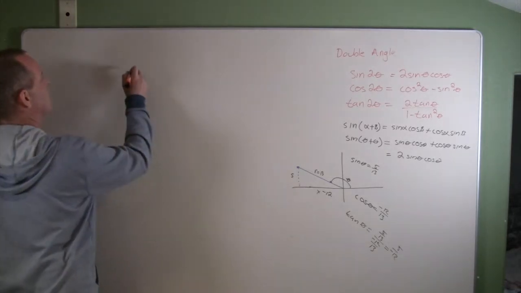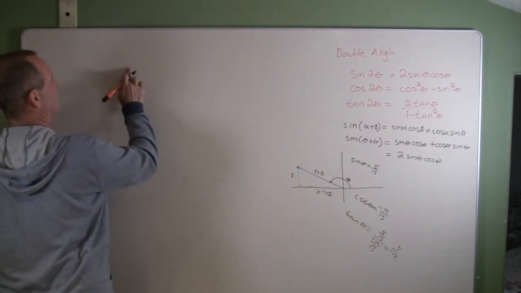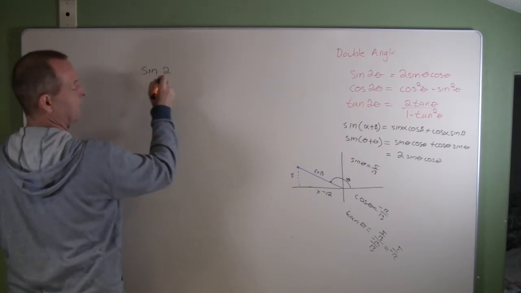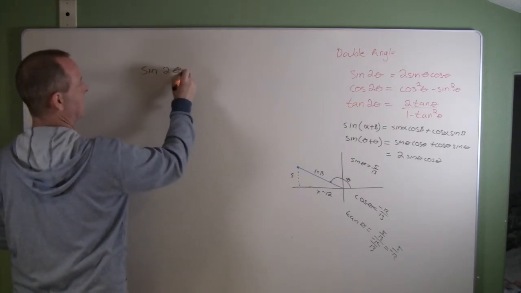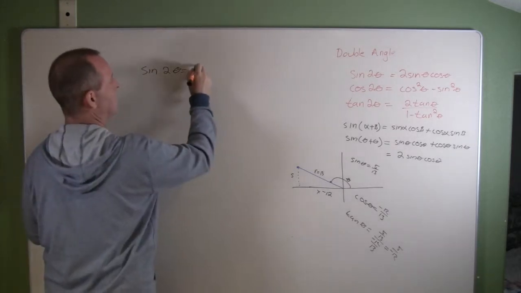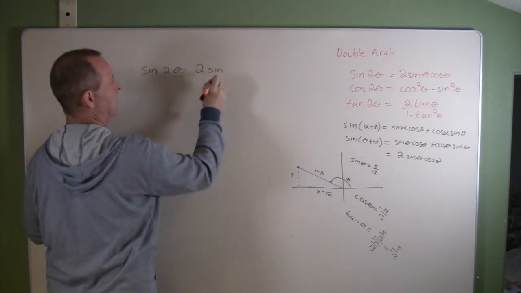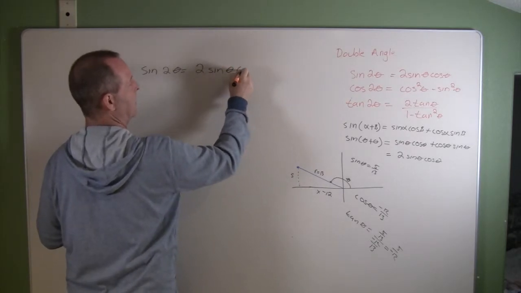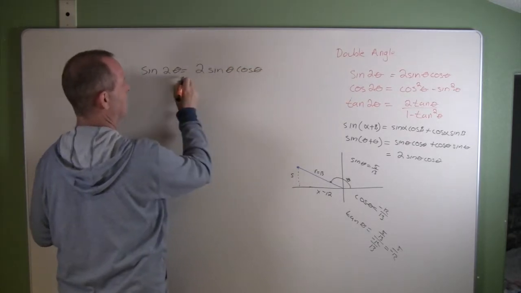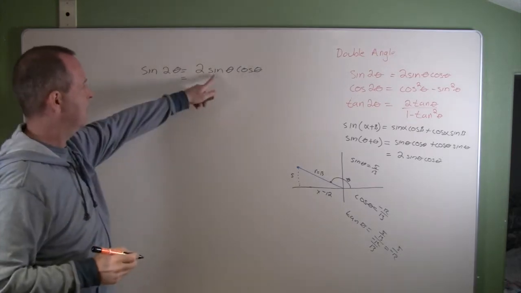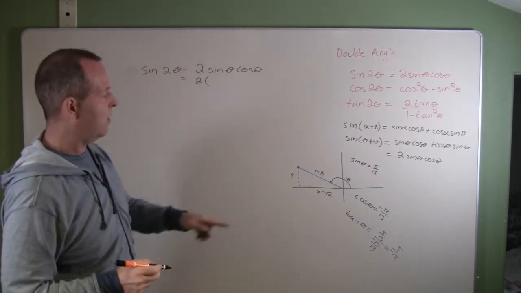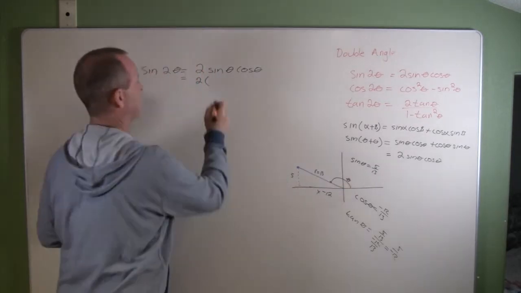So the sine of 2 theta equals 2 times the sine of theta, cosine of theta. The sine of theta, we know, is 5/13.